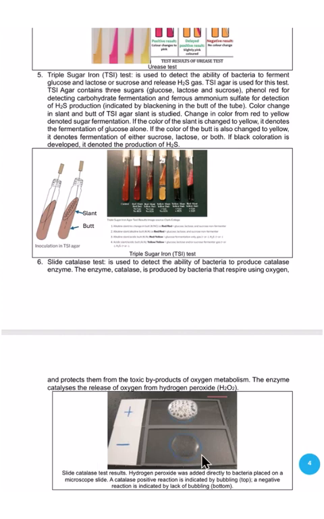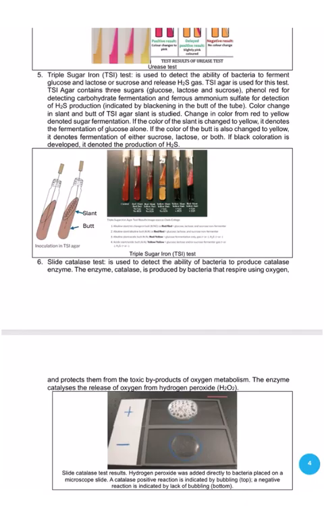And the other one doesn't show any bubbles after adding the hydrogen peroxide. That means it is negative. It doesn't have the catalase enzyme, and this indicates that the bacteria is either anaerobic or microaerophilic, requiring carbon dioxide.